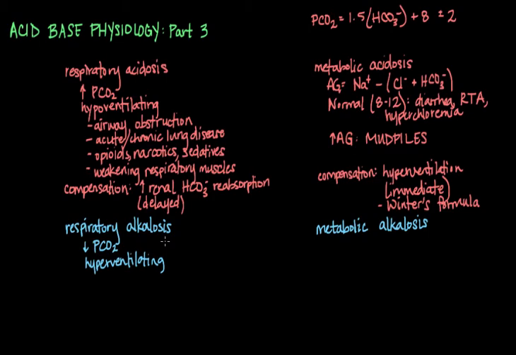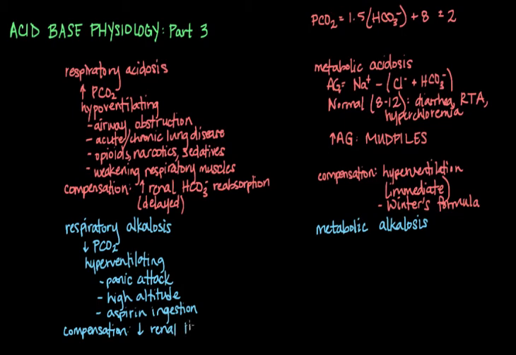And so the differential for respiratory alkalosis would be any number of conditions that would cause a patient to hyperventilate. This could be, say, a panic attack, or early high altitude exposure, or aspirin ingestion.